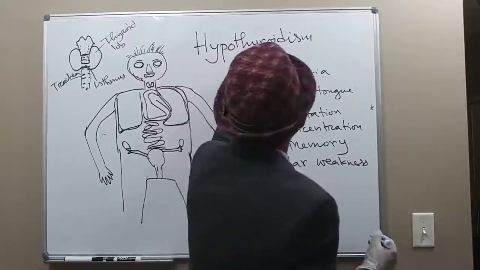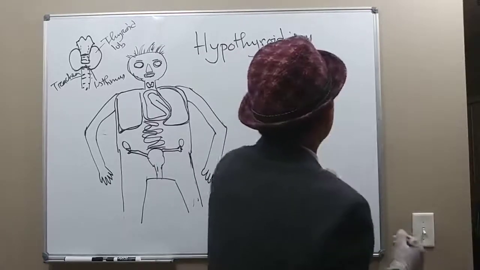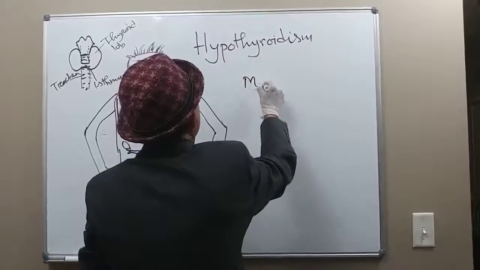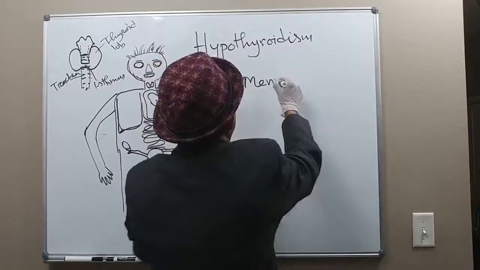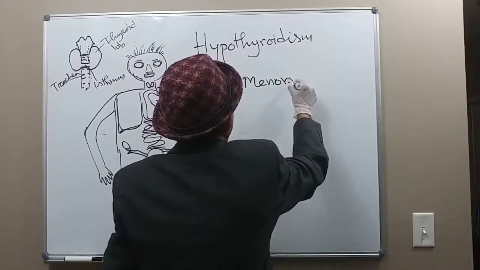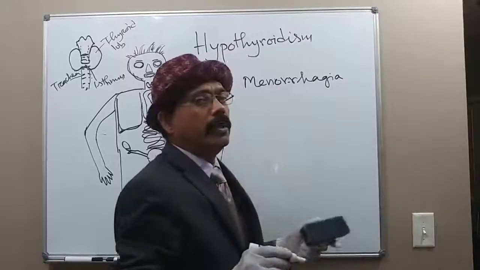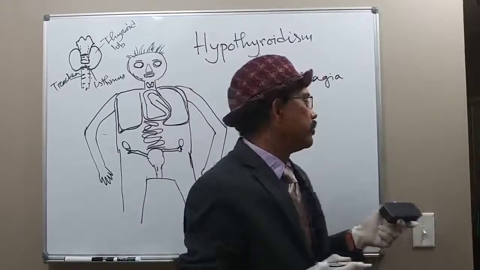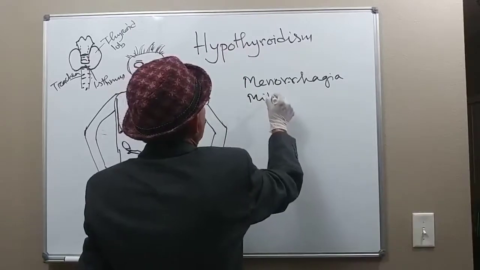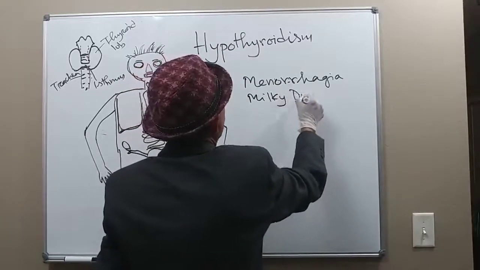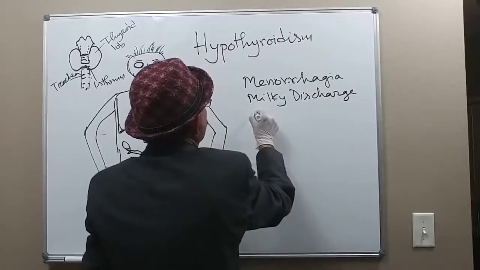In females, along with menorrhagia, excessive menstruation, there may even be amenorrhea or irregular menstruation, and there may be milky discharge from the breast.